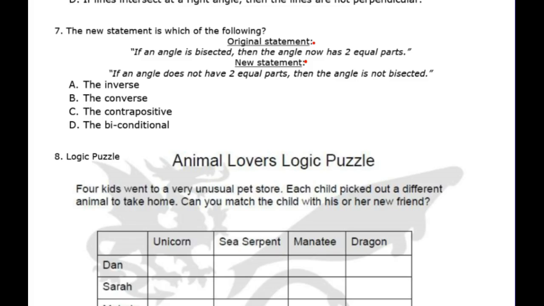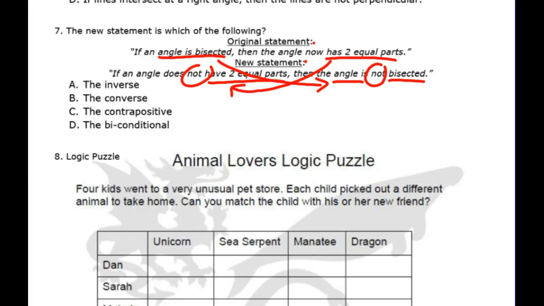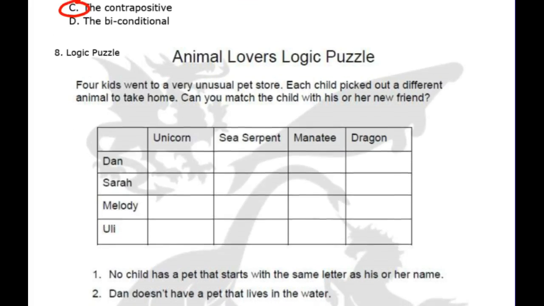Well, I see angle is bisected came over here and became opposite, right? Has two equal parts came over here, but it was opposite. So that's a switch and a flip, or a switch and opposite. Switching and opposite is going to be contrapositive.